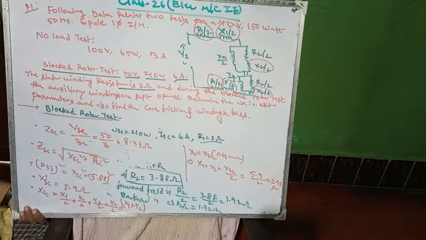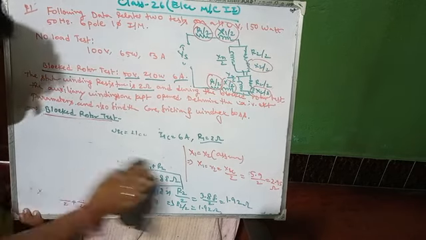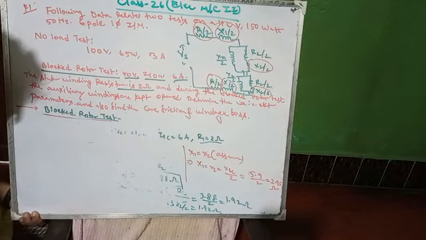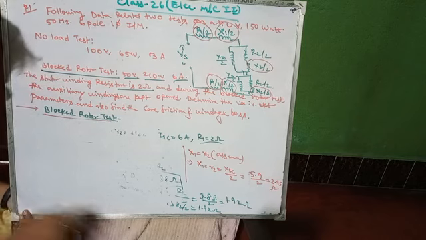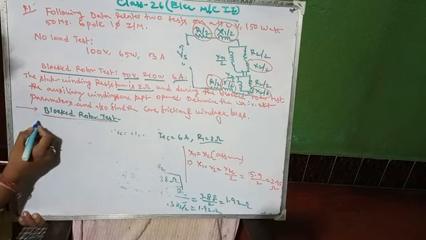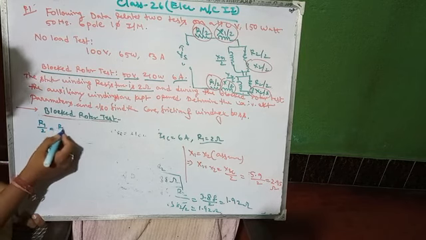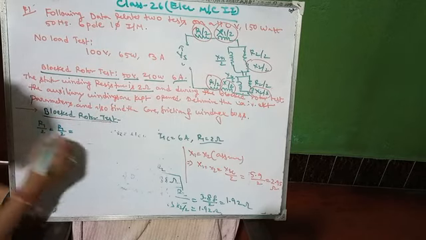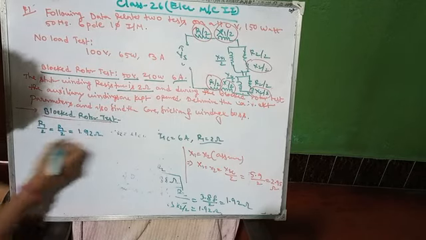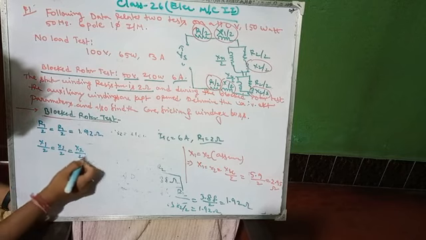So from this blocked rotor test we have the results that R1 equals R1 by 2 equals R1 by 2, these two resistances will be 1.92 ohm. Okay, X1 by 2 equals X1 by 2 equals X2 by 2 equals X2 by 2.